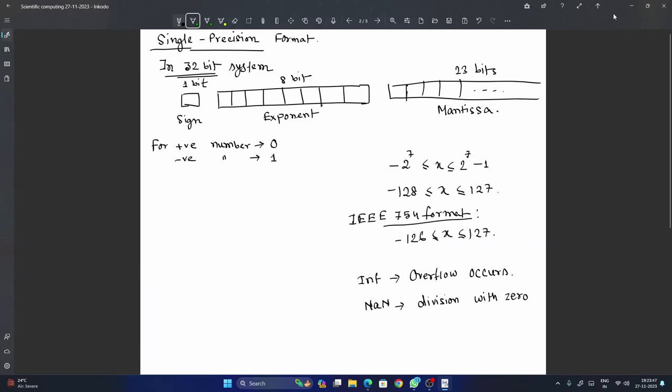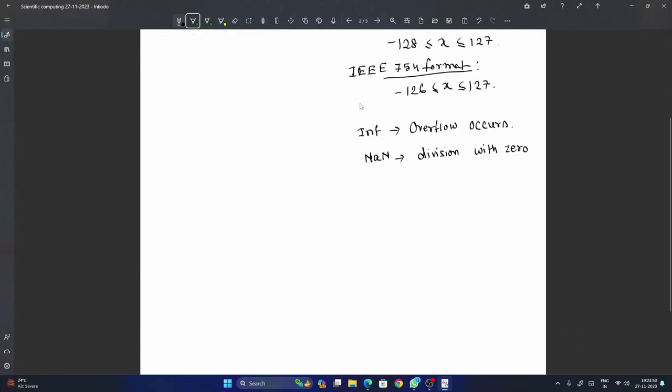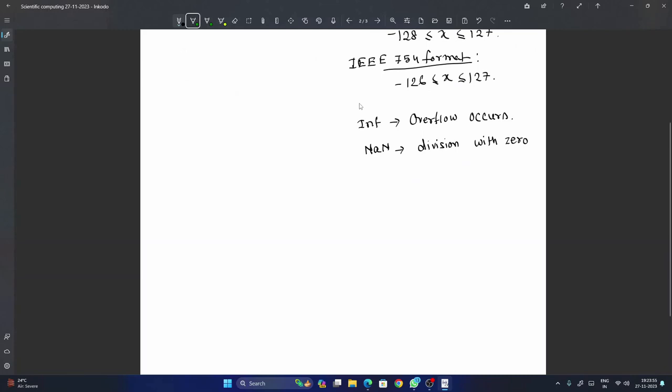So now the question is, what is the format for the 64-bit machines? If you take the double precision format, that means the 64-bit system, again 1 bit is reserved for the sign.